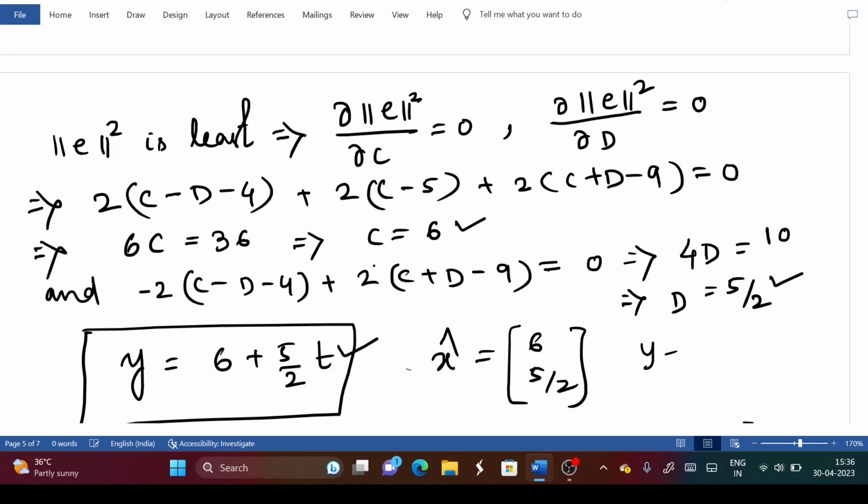The equation fitting the straight line is y is equal to C plus Dt.